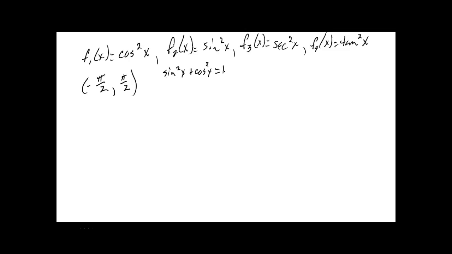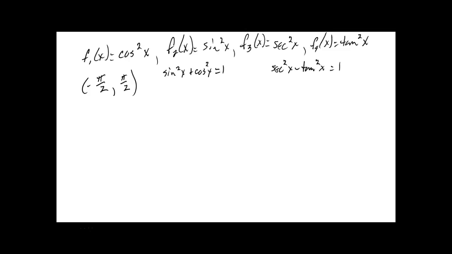Now, is there any relationship between secant squared and tangent squared that's also equal to 1? Secant squared x minus tangent squared x is also equal to 1, right?